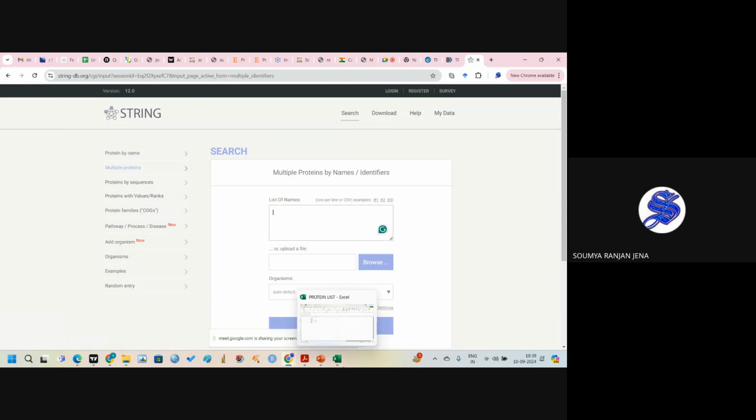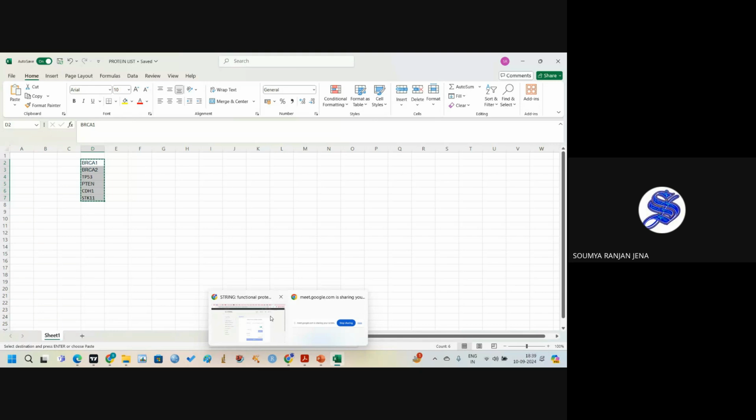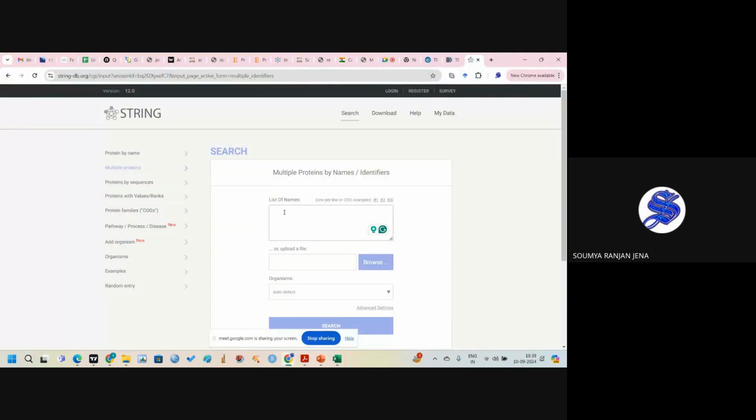Here we can put in one query. Here I have taken some different types of proteins to see how they interact. I have taken 3, 4, 5, 6, 7 proteins, and here the organism is Homo sapiens.